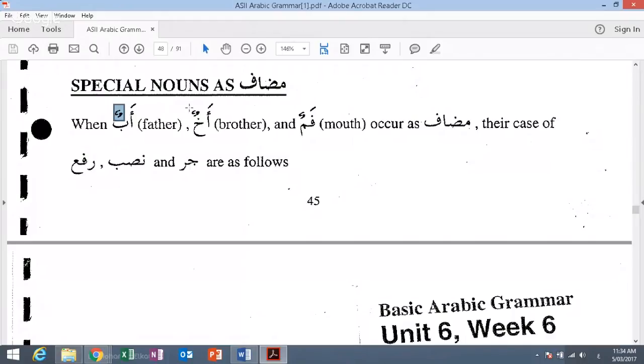Or you are ascribing Akh to anyone, to Hamid, for example. So how are you going to say? We think that you are going to put the Rafa on it, Akhu Hamidin. Or this one, Famun, is a mouth.